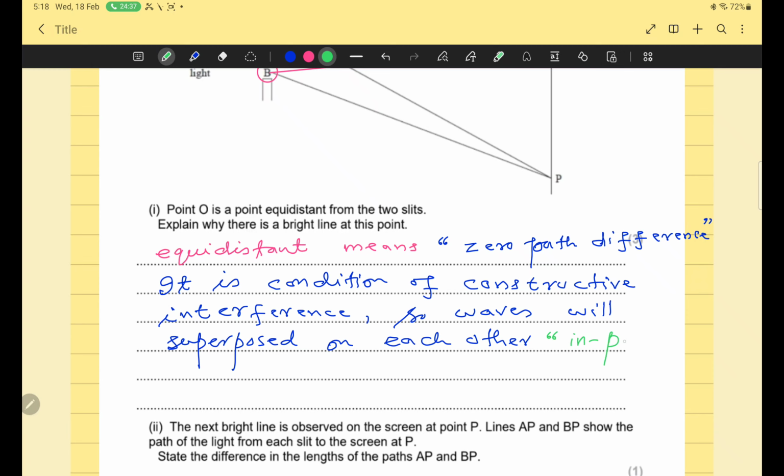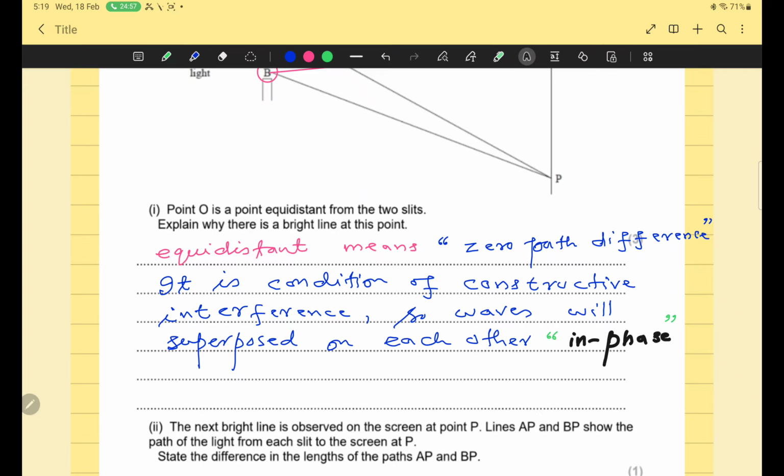Sir, in phase means crest on crest or trough on trough. Now I am changing the vocabulary. When I write in phase, it means crest on crest, trough on trough.